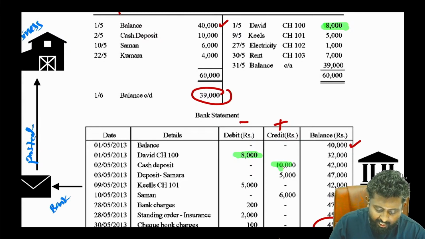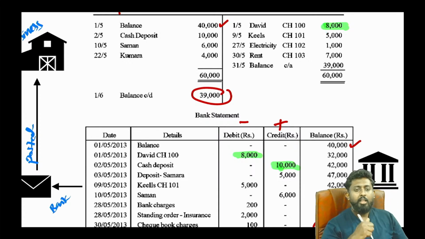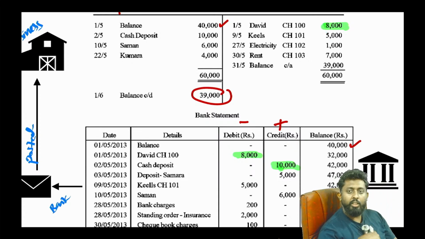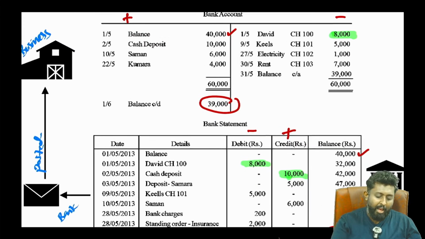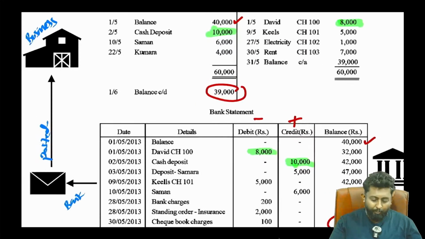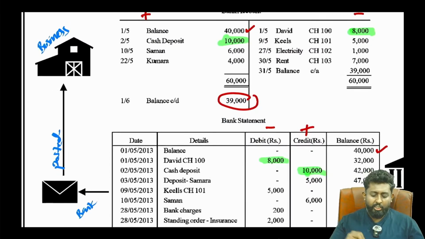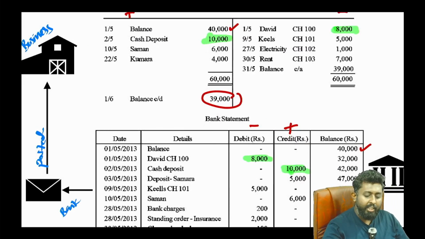If you see there's a cash deposit, obviously no one can miss a cash deposit, because it means we have deposited cash to the bank. We would have added it, and the bank also added it. Is it clear? Next, Putha, there is a deposit called summary. When you see the deposit summary 5,000, the bank has added and we have not added.